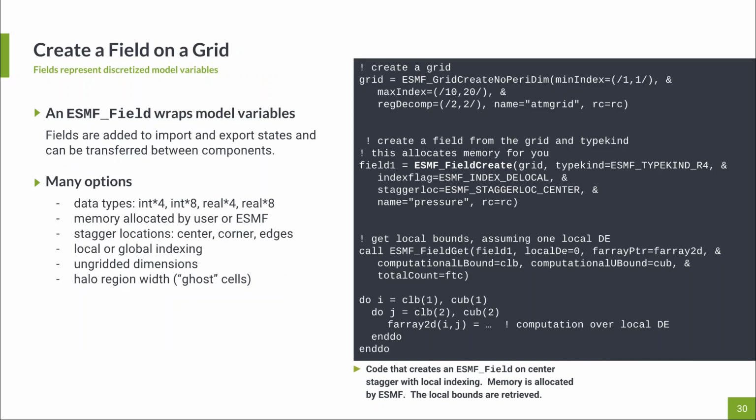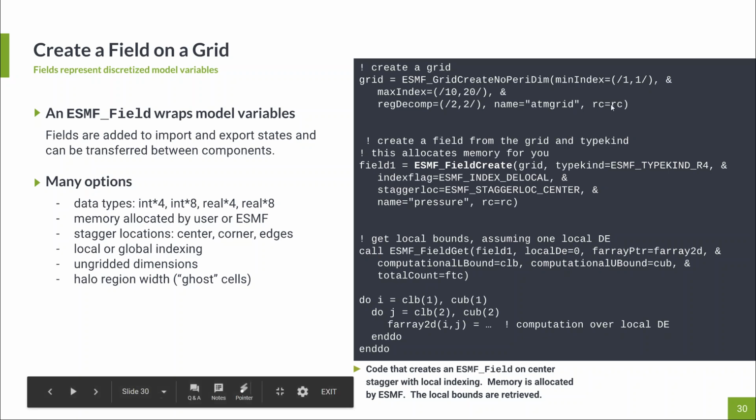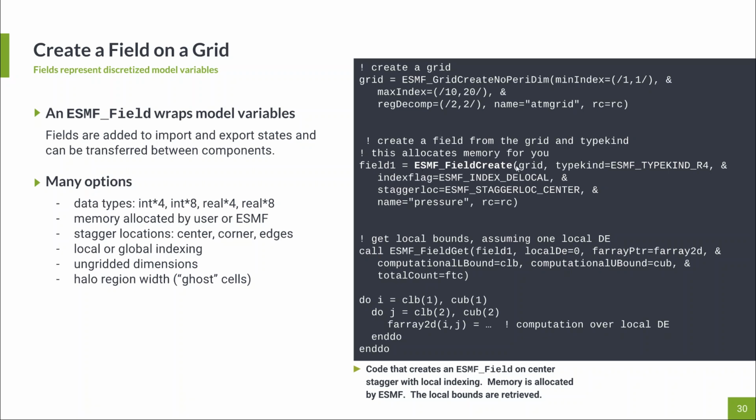When you've defined the grid or the mesh using the API, the next step is to create a field object. This code snippet on the right shows first the creation of the grid object, and then the creation of a field on the grid. The first parameter here is the grid itself. In this case, we are asking ESMF to allocate memory because we're providing a type kind here.